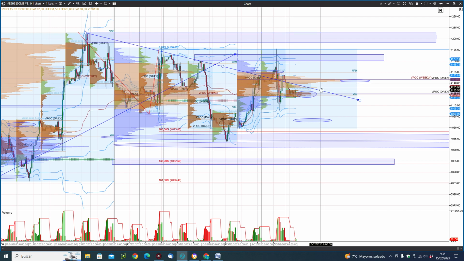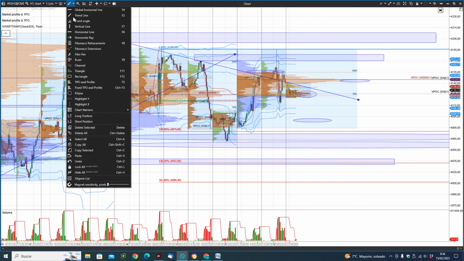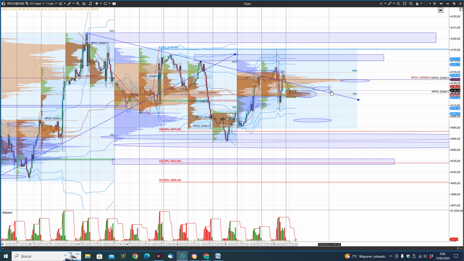First step, this high volume node is very close to this downtrend line, so the first step will be this node 4,135.